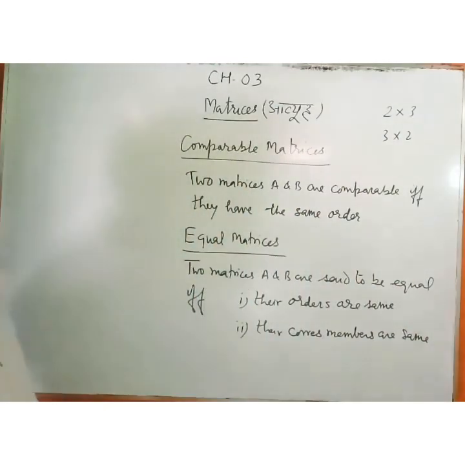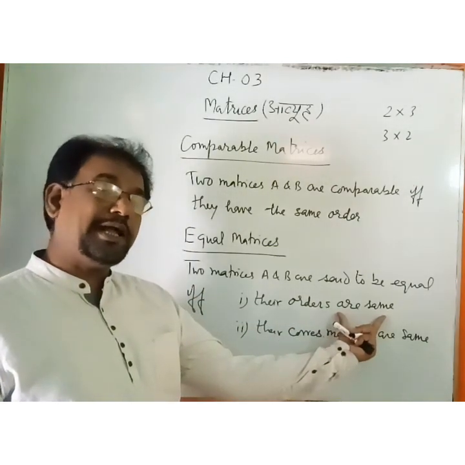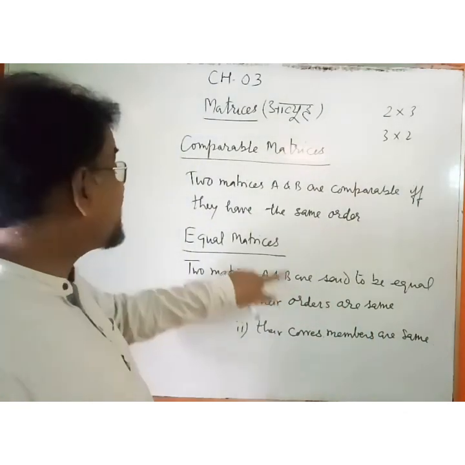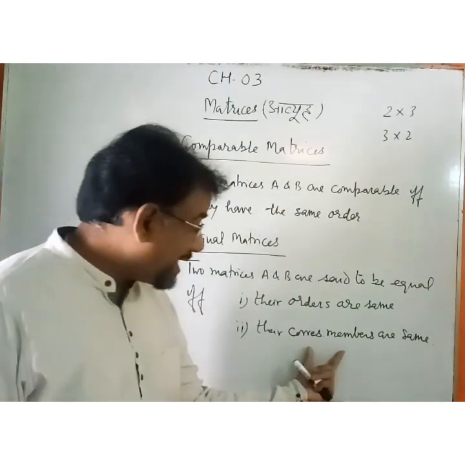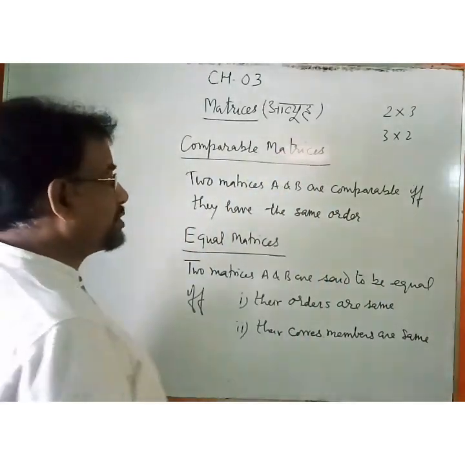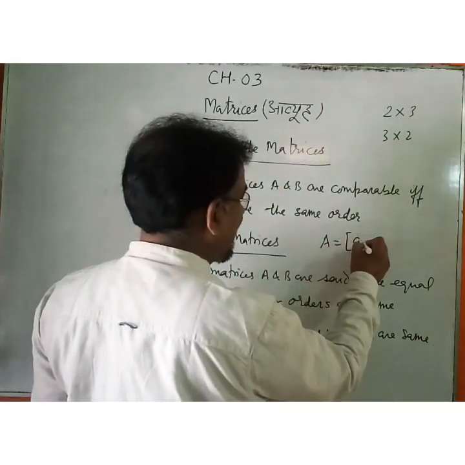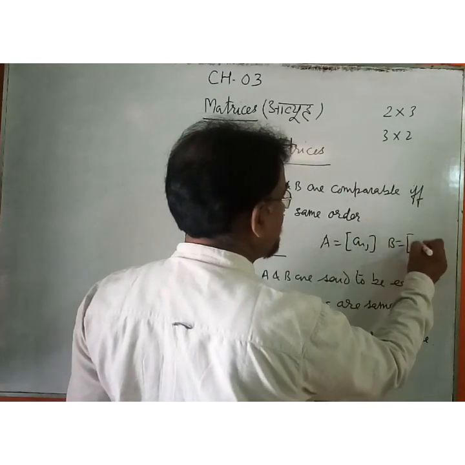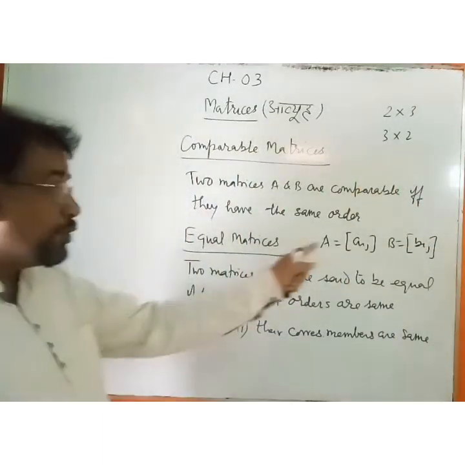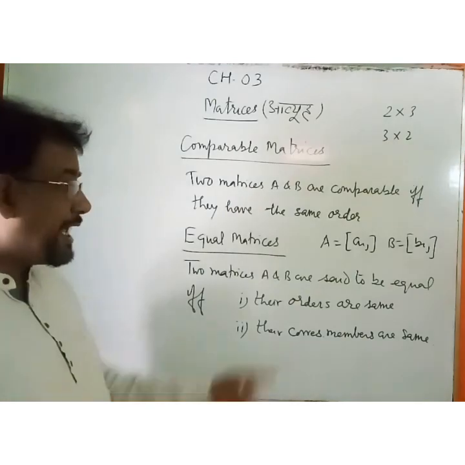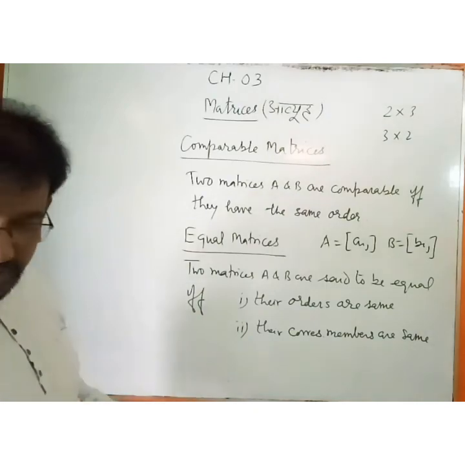Both things should be followed. First of all, if the first matrix is of order 2 by 3, the second should also be 2 by 3, meaning the two matrices should be comparable. When matrices are comparable and their corresponding members are the same, suppose one matrix is A equal to matrix Aij and the other is B equal to matrix Bij, then A11 should be the same as B11, A21 should be the same as B21, A33 should be the same as B33. In this way, the two matrices will be said to be equal.